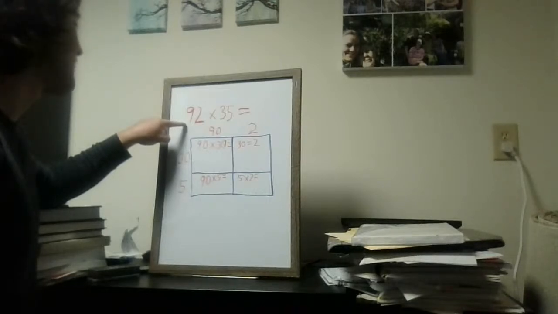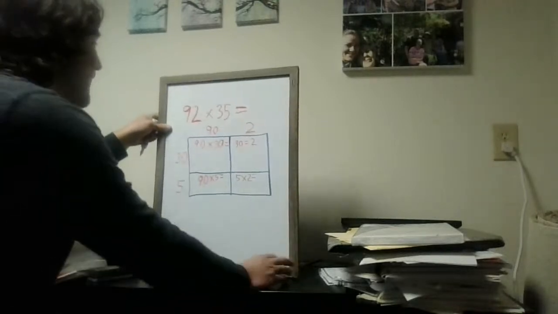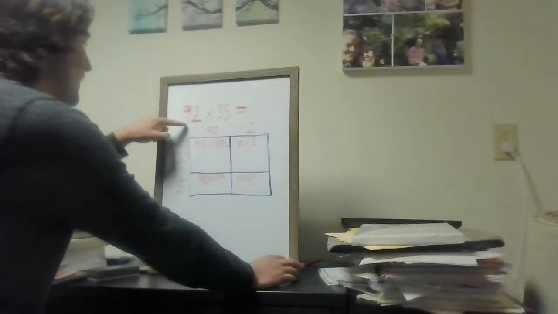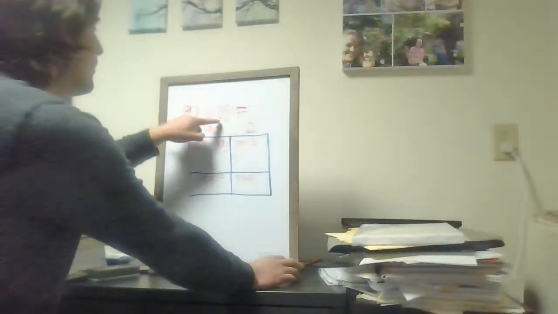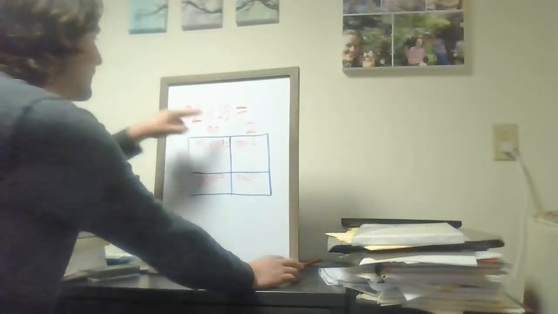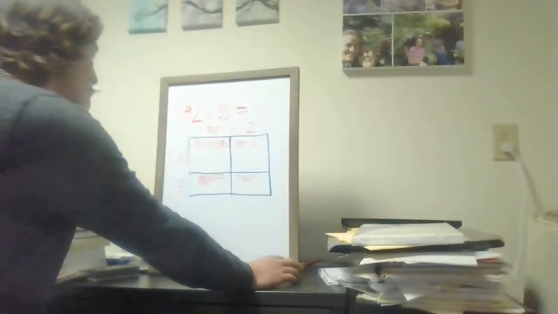You're not multiplying 90 times 2 because in 92, it's always the opposite number that you multiply. So you're multiplying 90 times 5, and then you're multiplying 30 times 2. So you multiply the 10 with the 1 that's in the other number.